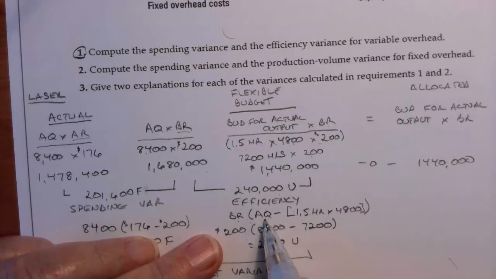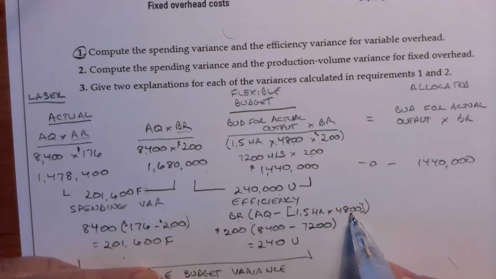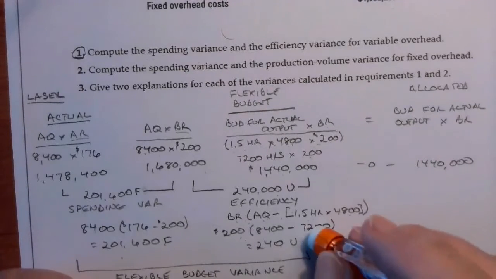So we've got the actual quantity of hours minus the budgeted hours for actual units produced. Just like before, an hour and a half times 4,800 units produced gives us 7,200. The budgeted rate times the difference between 8,400 and 7,200 gives 240,000. Okay, the difference between these two.